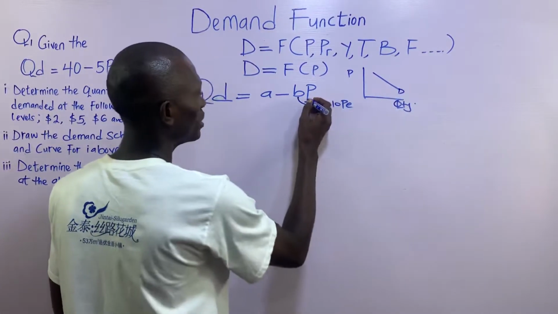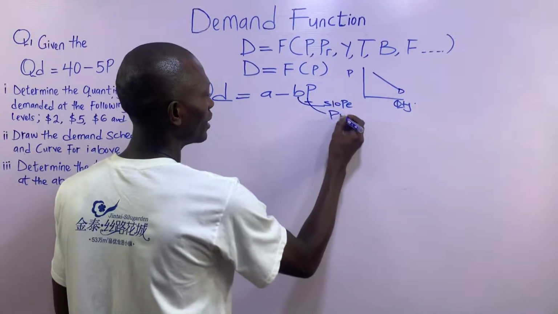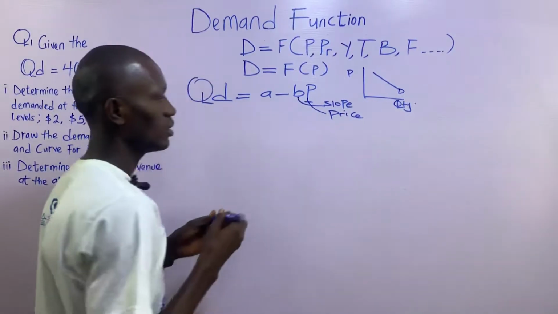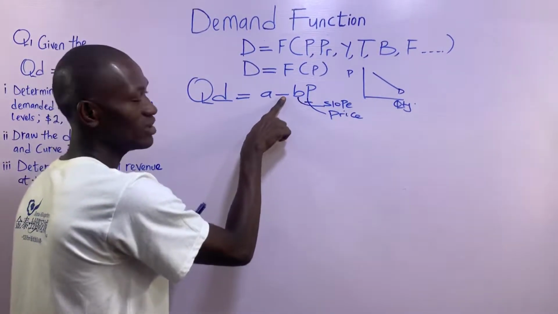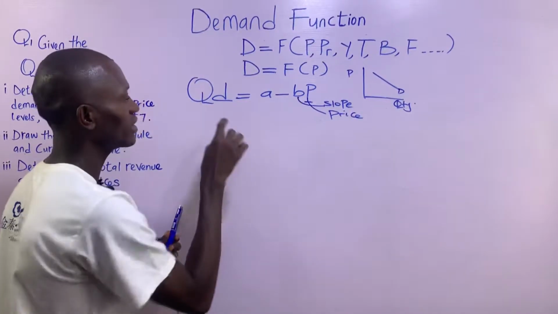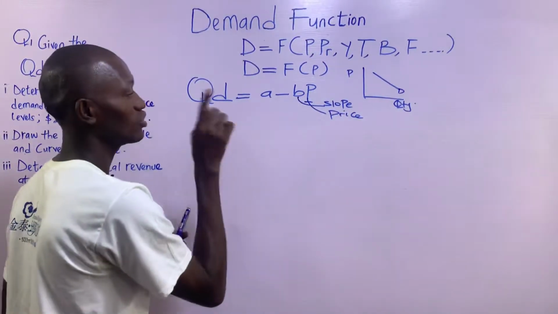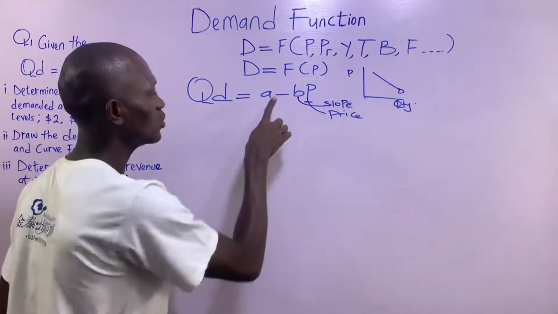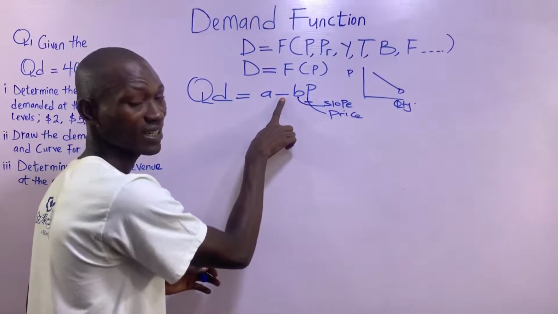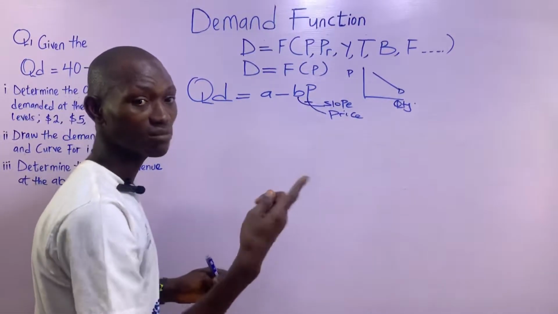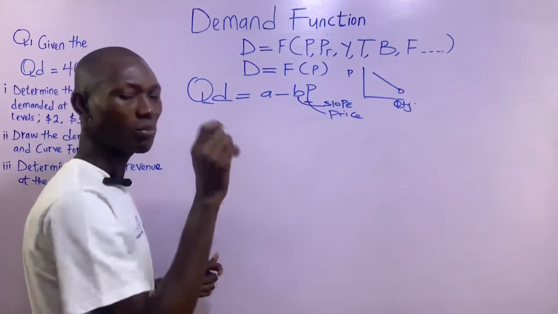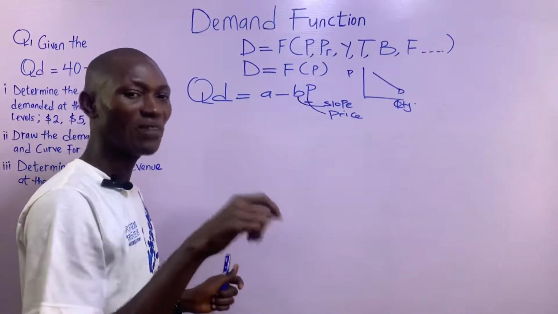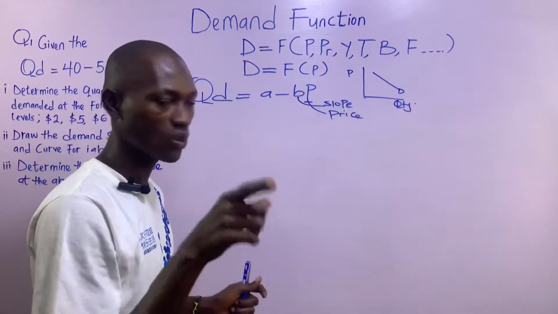And P means the price of the commodity. So the price of the commodity is P. Now, with respect to this negative sign, don't forget, this is demand function. Demand function will usually have this negative sign, except in an abnormal demand situation. This negative sign is there because of the inverse relationship between price and quantity demanded.